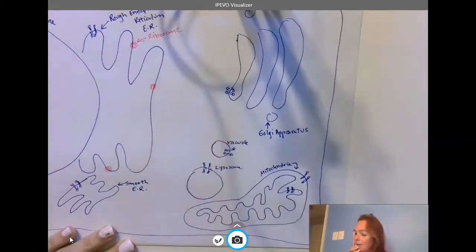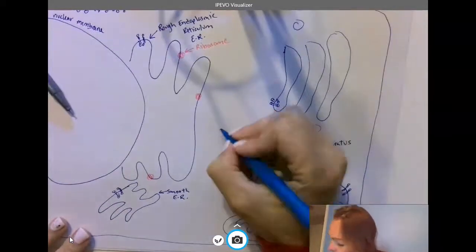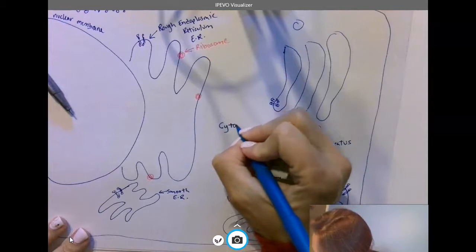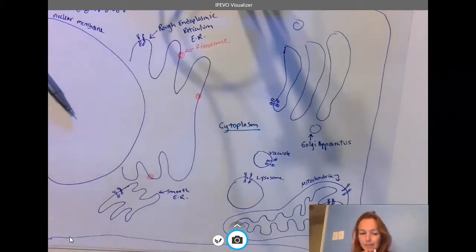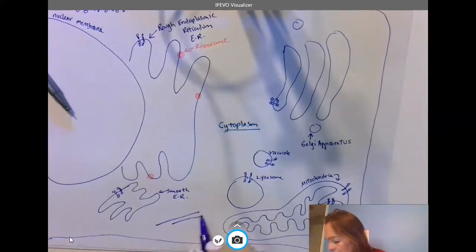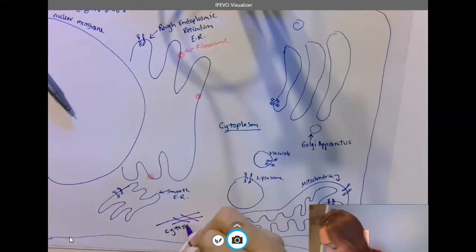Okay, so these are some of the membrane-bound structures in a eukaryotic cell. Remember, we also have the cytoplasm, which is the fluid-filled section of the cell. We have the cell membrane, as we said before, and we can have the cytoskeleton, which I'm doing in a different color because it is not a biomembrane.